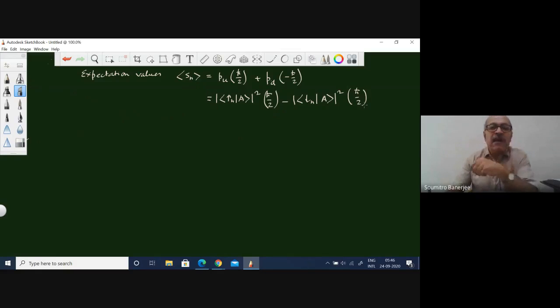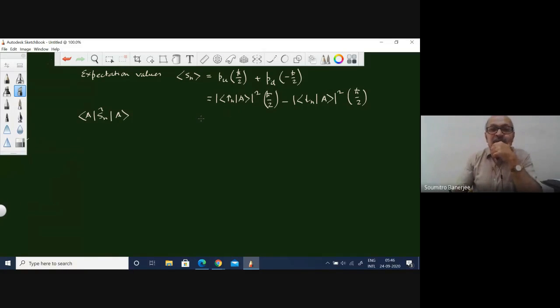So we earlier have learned that expectation values are to be obtained by a sandwich integral. Does it work here? For example, can the expectation value be written as, say, it was in state A, bra A, Sn operator, ket A? Can we write it like that? This is an easy way of writing it because we can easily see that that will work.